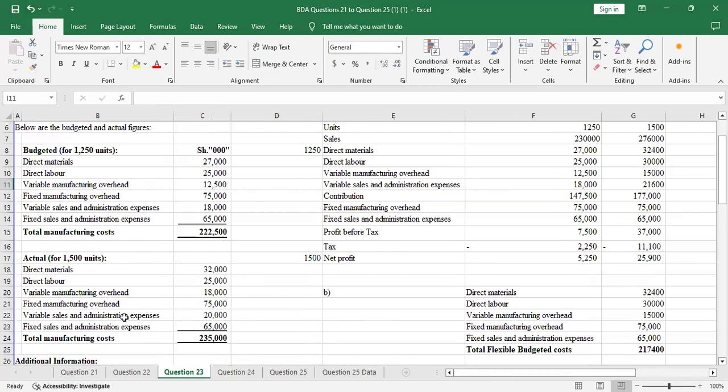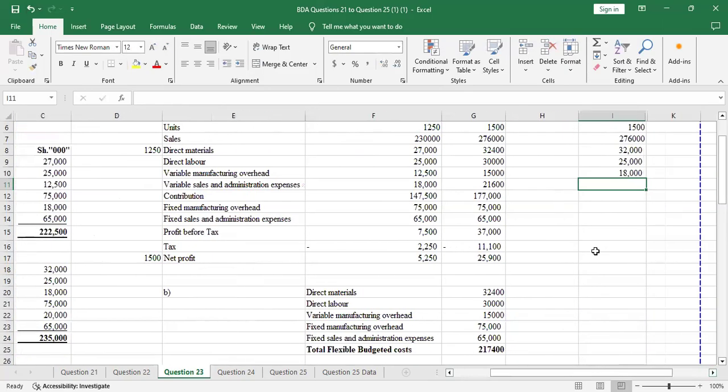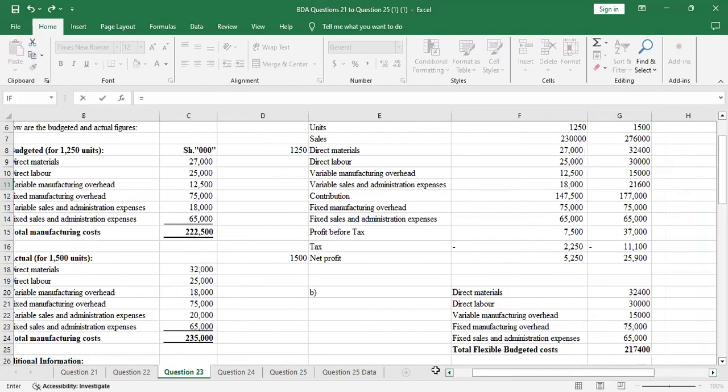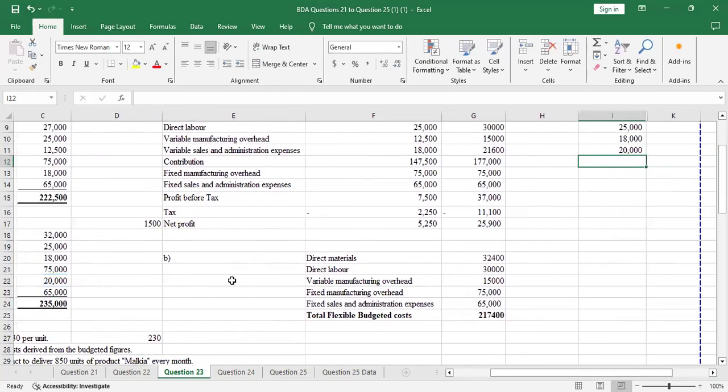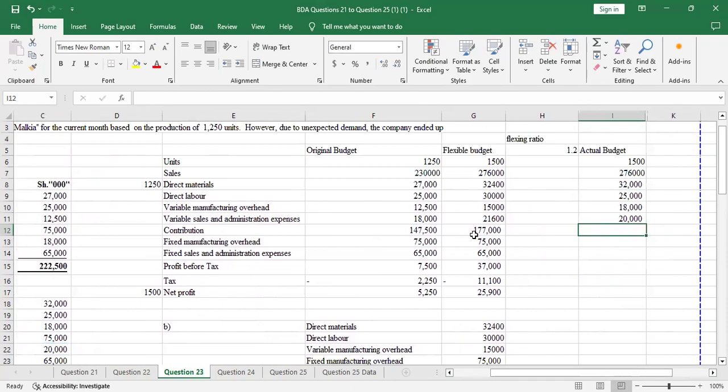Then variable sales and administration expenses was 20. So let me just say equals, then we have 20. Yeah, so from here, let me just calculate because now I can't drag.